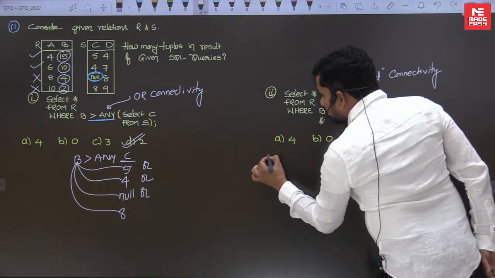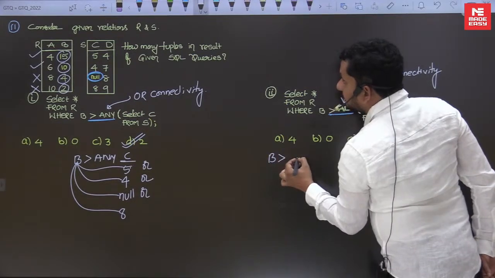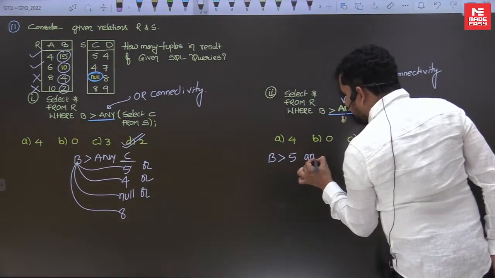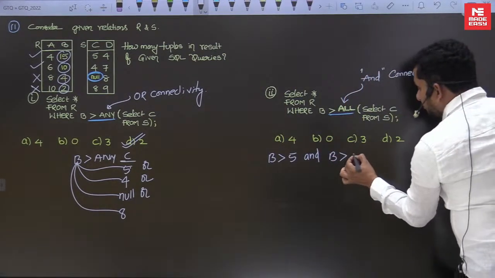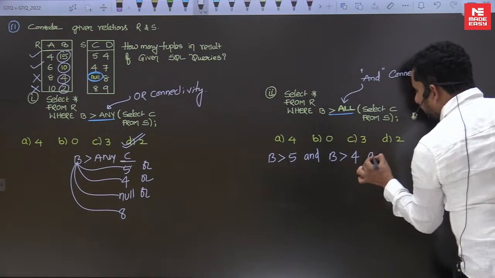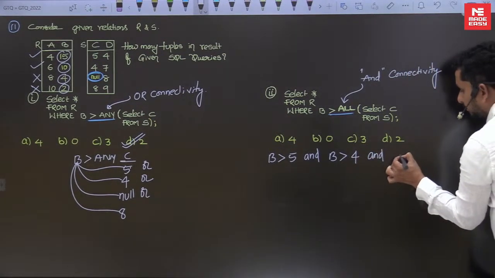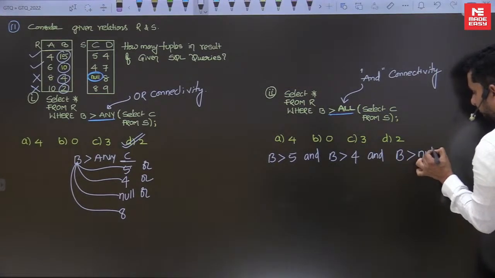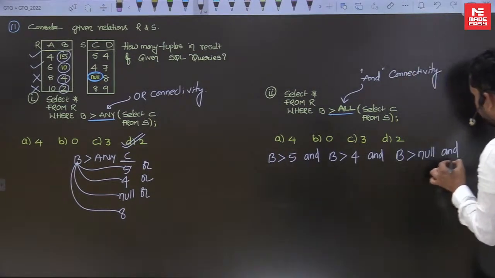That means, so B greater than 5 and B greater than 4 and B greater than null, and B greater than 8.